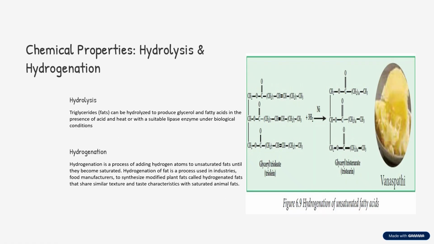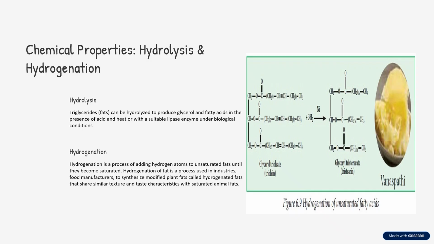What are the chemical properties? Hydrolysis: triglycerides can be hydrolyzed to produce glycerol and fatty acids in the presence of acid and heat, or with a suitable lipase enzyme under biological conditions. Hydrogenation is an industrial process of adding hydrogen atoms to unsaturated fat until they become saturated.